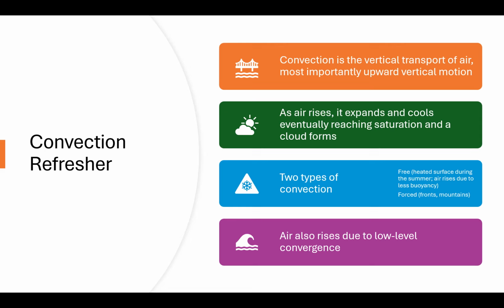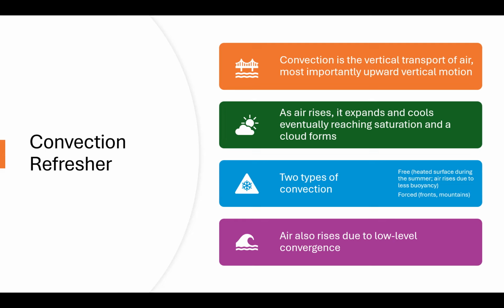As air rises, it tends to expand and cool, eventually reaching saturation, where the temperature and the dew point are the same. That leads to 100% relative humidity when you reach saturation. And with that being said, we see a cloud form.